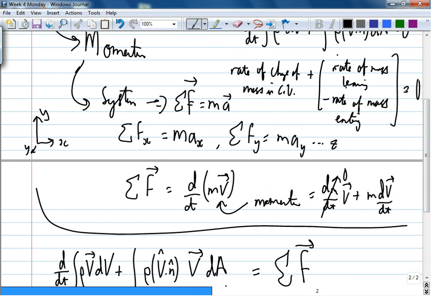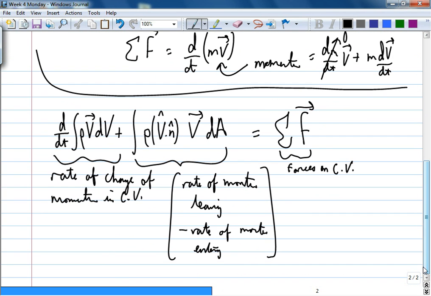Just also the rate of mass leaving. n is the normal vector pointing outwards, so V dot n is the component of the velocity that is leaving, not the component of the velocity that's tangential. That one doesn't leave.